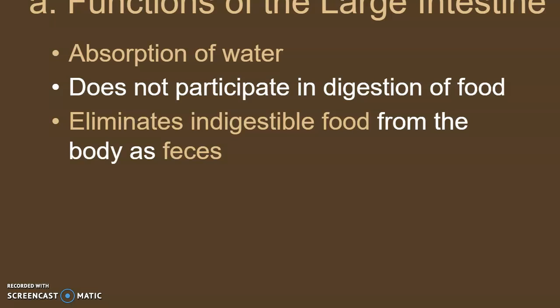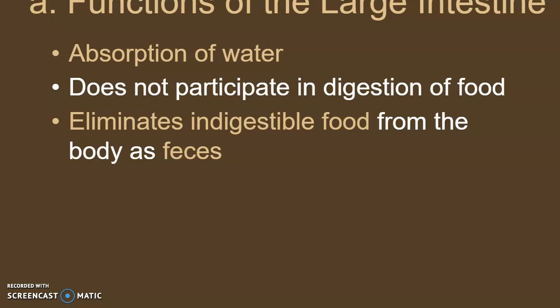feces. Now, if the large intestine absorbs too much water from that chyme, then our feces become very hard, and many people become constipated and have a hard time expelling that from their bodies. If too little water is removed from the feces, then you experience diarrhea because there's too much water left in the feces.